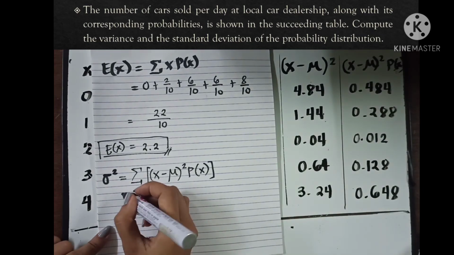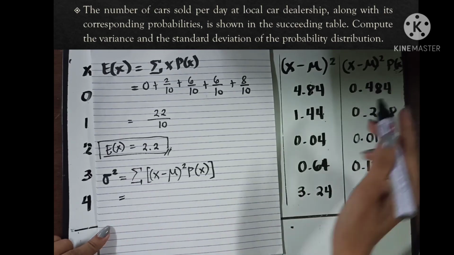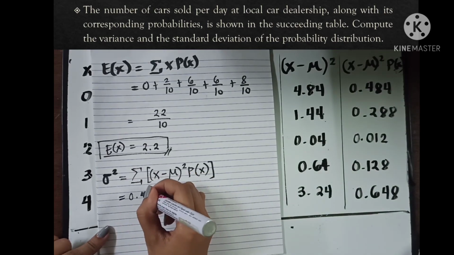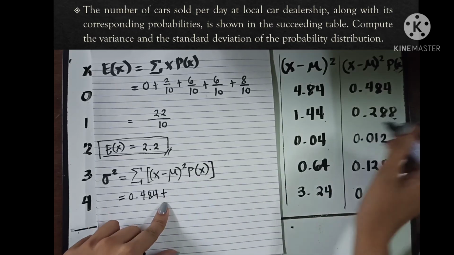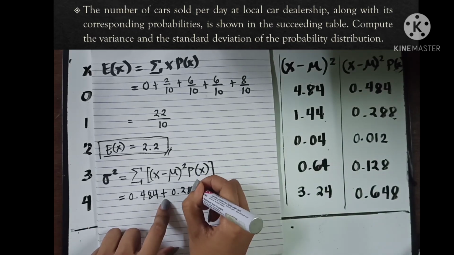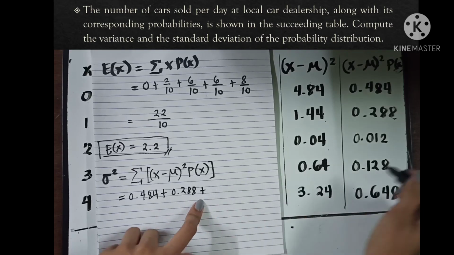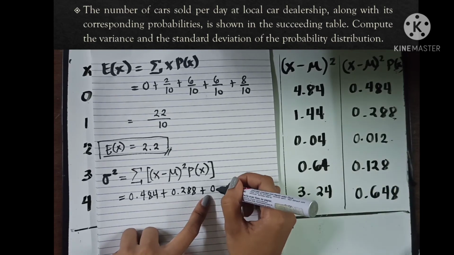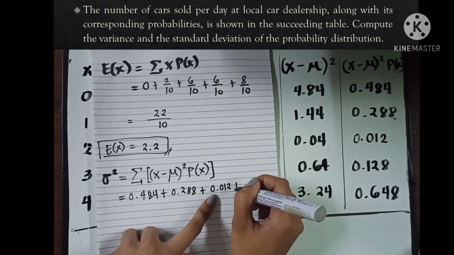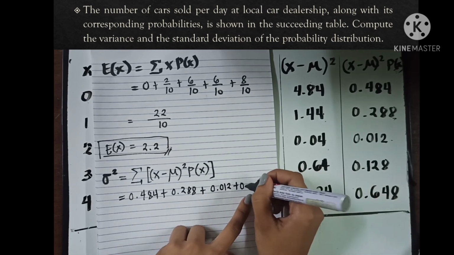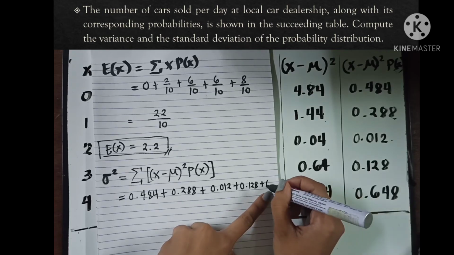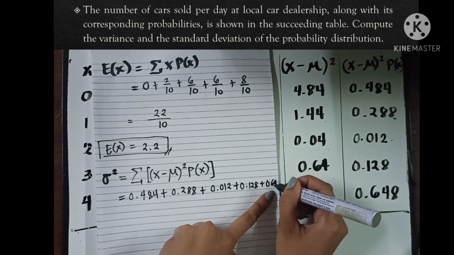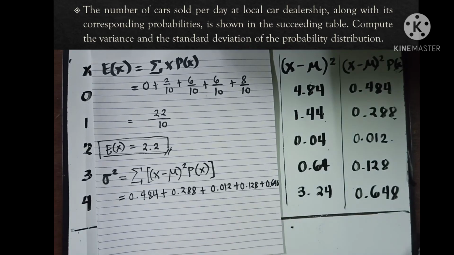So, that is equal to 0.484 plus 0.288 plus 0.012 plus 0.128 plus 0.648.